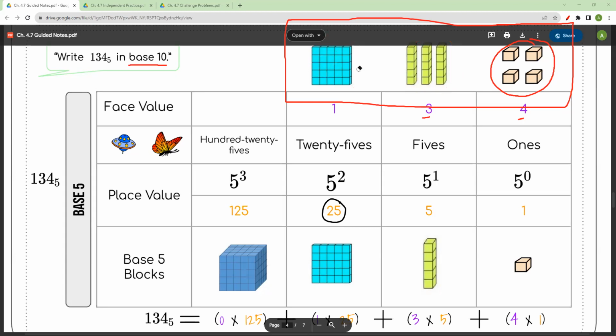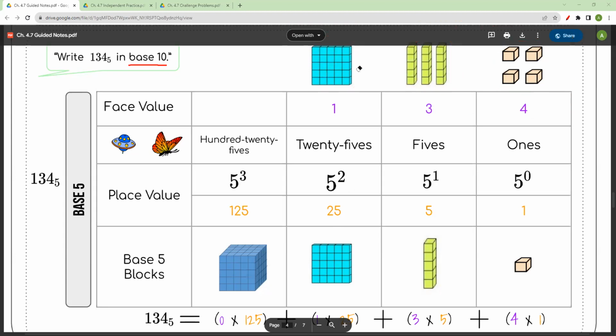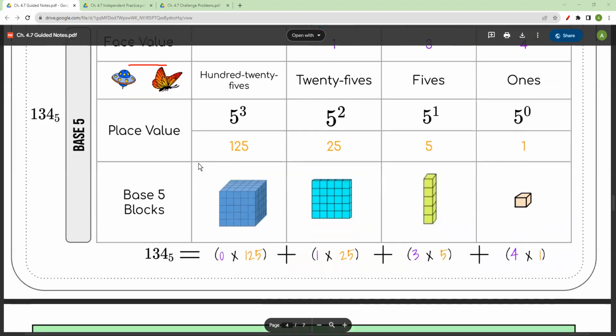However, we want to do it using expanded form. So just like we did before, we're going to write it out. Our 134 does not have any 125, so it's just a 3-digit number. We have a 1 in the 25s column, so it'd be 1 times 25, that's 25.